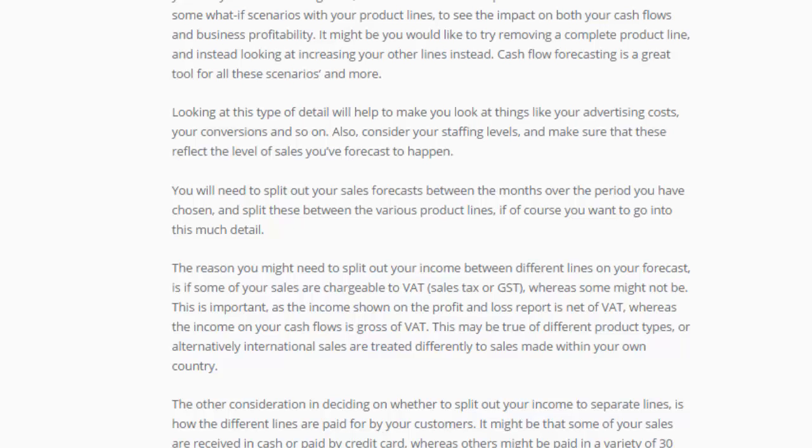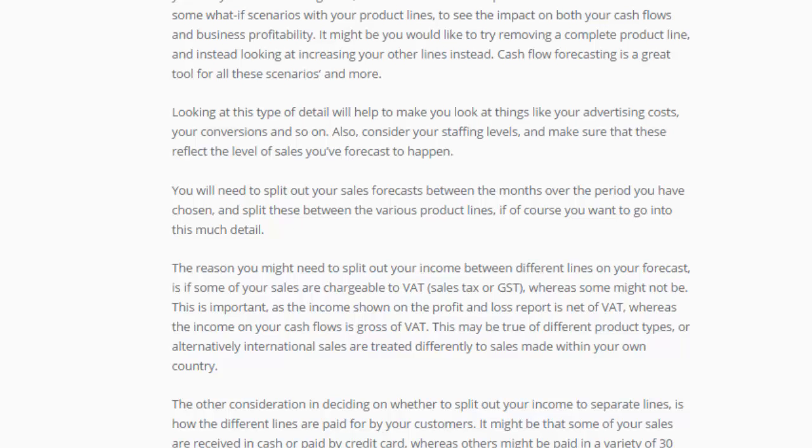Also, certainly in the UK, if you export, that becomes zero rated, so there's no VAT attached to that, whereas if you sell locally within your country, there is VAT. So you need to think about splitting these items out on your cash flow forecasts. And equally, when you look at your profit and loss account, none of them will include VAT or sales tax. So it's important that you distinguish between the two of those.